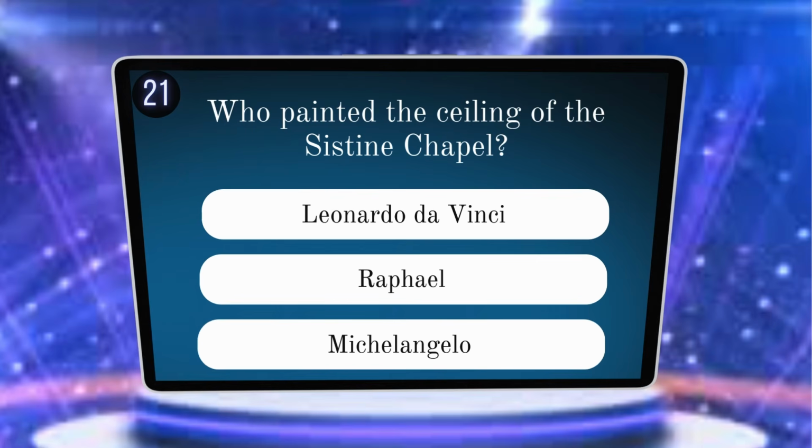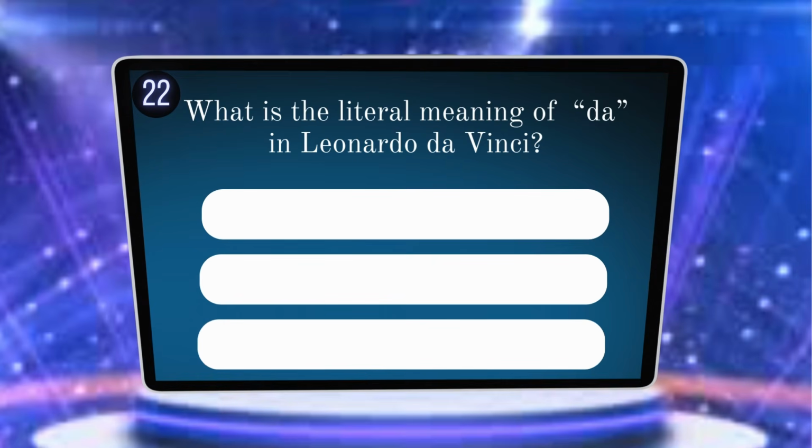Was that Leonardo da Vinci, Raphael, or Michelangelo? That was Michelangelo. What is the literal meaning of da in Leonardo da Vinci? From, the, or son of? And it's Leonardo from Vinci.